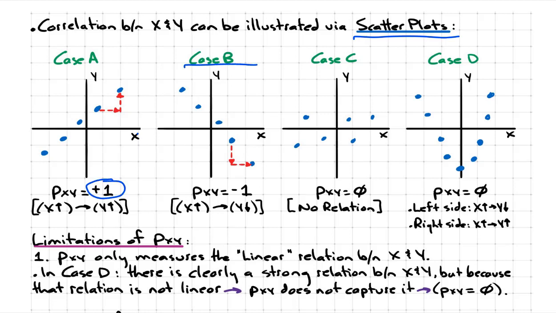How about in scenario B? Let's see what's happening. And again, remember that this is X. So when X goes up, Y seems to be going down, right? And even here, when Y goes down, X goes up. So therefore, they're always moving in the opposite direction. And as a result, correlation is -1.